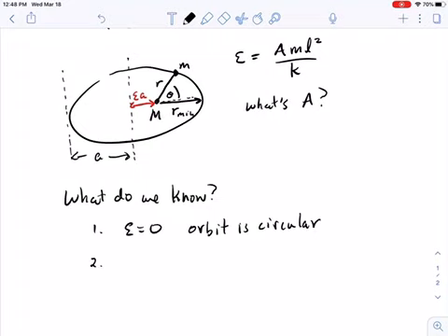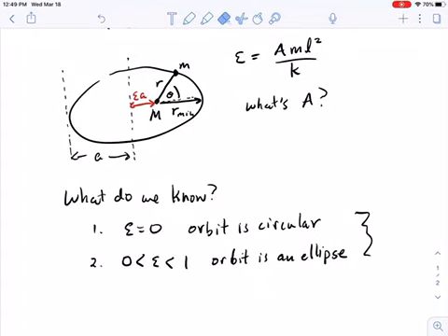Two, we also looked at eccentricities that were between 0 and 1, and we got an orbit that is an ellipse. So I would call these two bound orbits. The orbit forms some kind of closed loop around the sun. These are bound orbits.